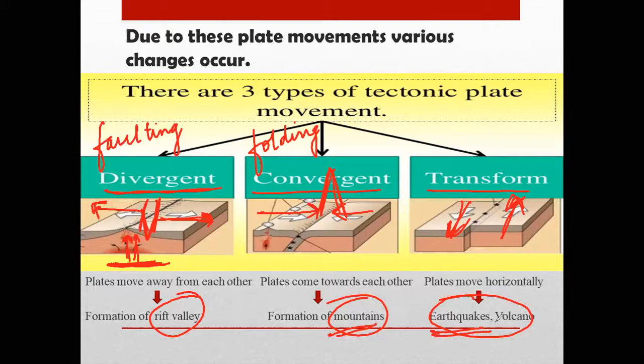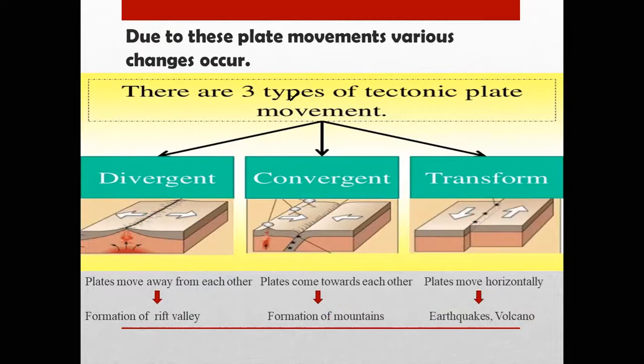Let's revise this topic again. There are basically three types of tectonic plate movements: divergent, convergent, and transform. Under divergent plate boundary, two plates move away from each other. Diverge means to move away.